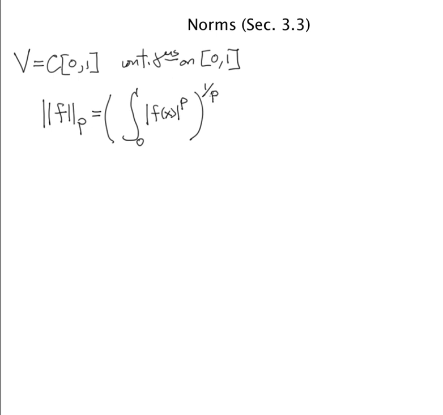So this is like an infinite or continuous version of the previous one. You think of an integral as being like a sum, just some sort of continuous sum. And so this is the analog of the p norm that I defined a minute ago for Rn. And I'll let you check that these are all norms on V for any p bigger than or equal to 1.